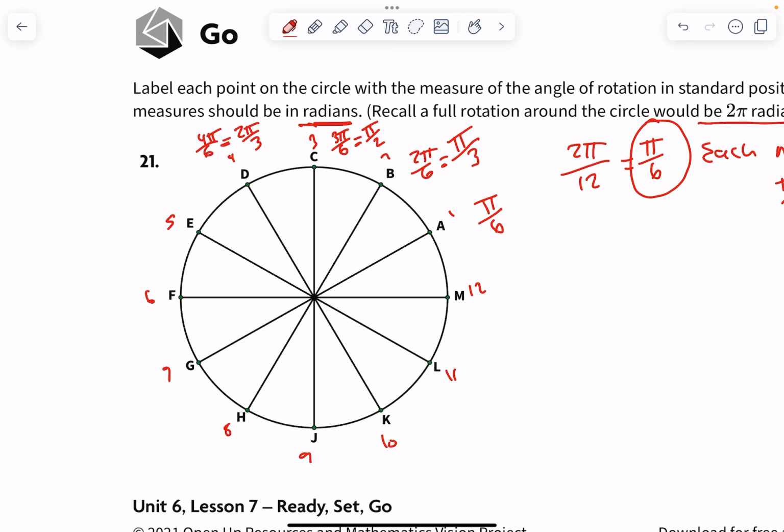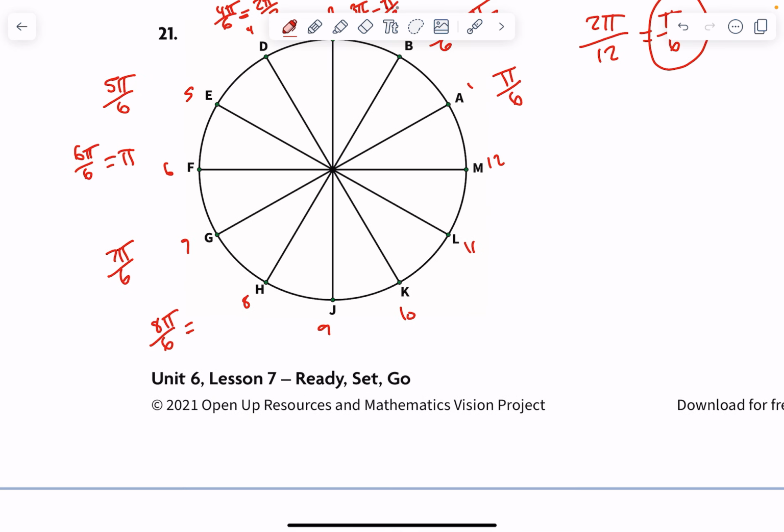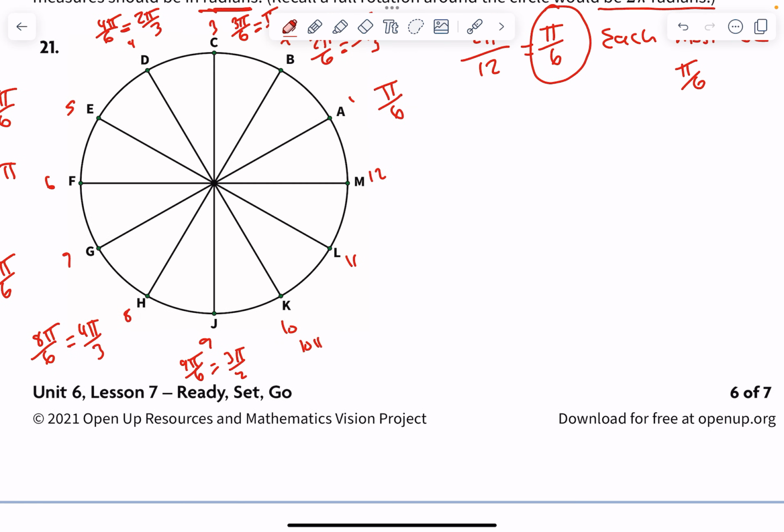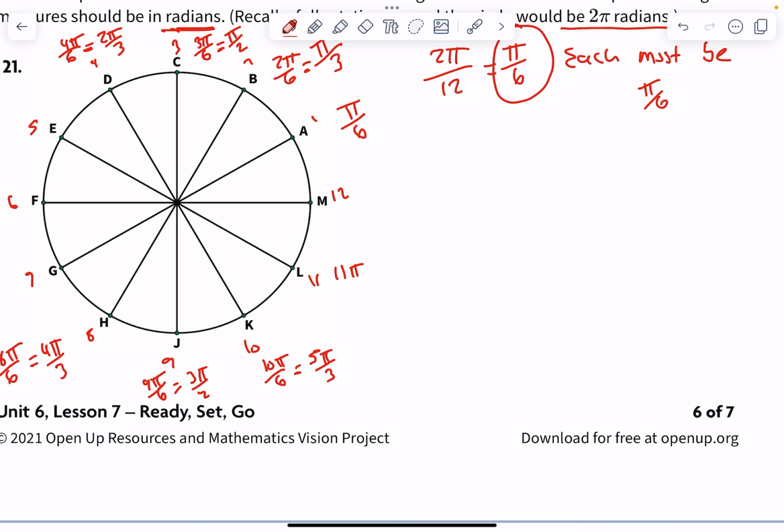And then 5 pi over 6, and then 6 pi over 6, which is just pi, and then 7 pi over 6, and then 8 pi over 6, which is 4 pi over 3, and then 9 pi over 6, which is 3 pi over 2, and then 10 pi over 6, which is 5 pi over 3, and then 11 pi over 6, and then 12 pi over 6, which is equal to 2 pi.